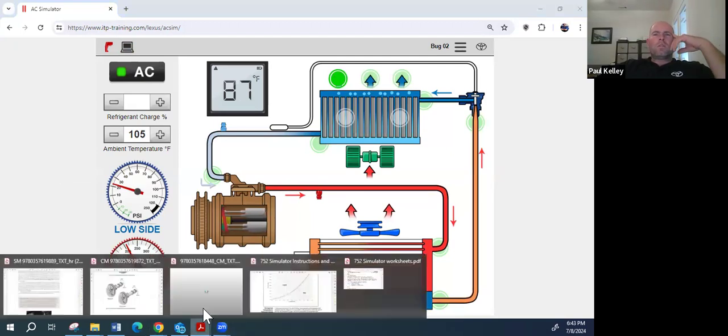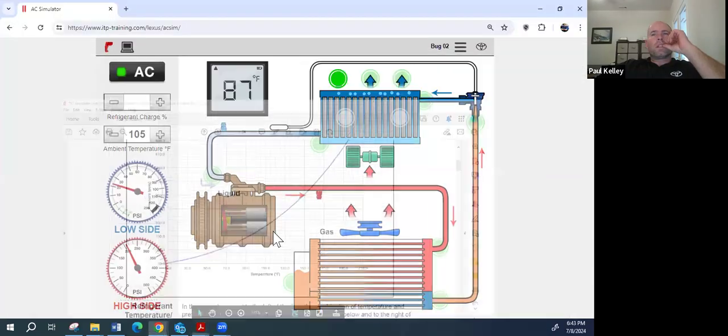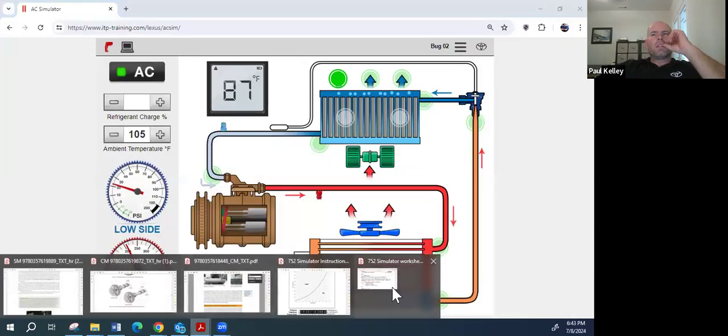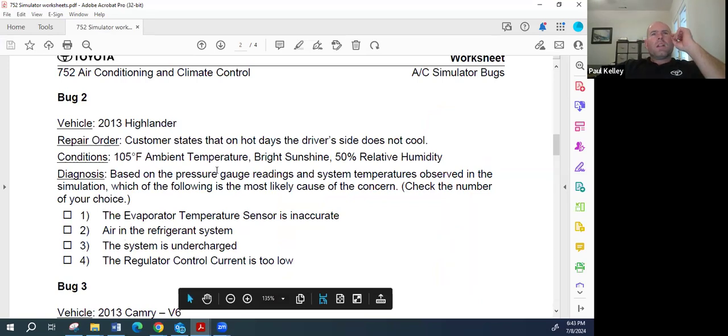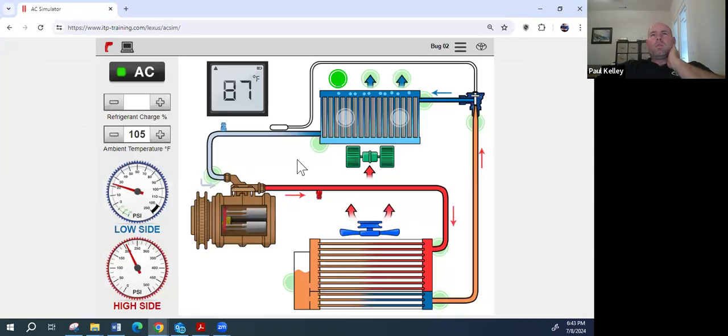Now, if you recall on the chart on the questions, the customer did state, on hot days, the driver's side does not cool. So the passenger side is cooler than the driver's side, and we tested that, and that's accurate. Well, that's kind of interesting. Right, so you can come over here. If you guys would like, you can shoot that temperature gun all over the place and measure all sorts of stuff and things, but really we are pretty decent.